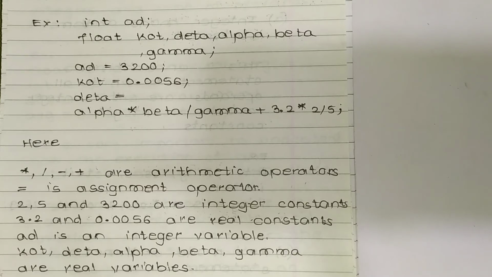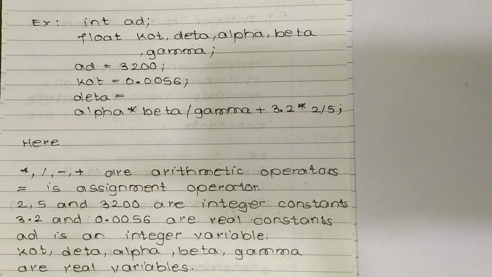So an integer is on the right hand side and the name of that integer, add, is on the left hand side. Now quote is equal to 0.0056. So a float is on the right hand side and the name of that float, quote, is on the left hand side.